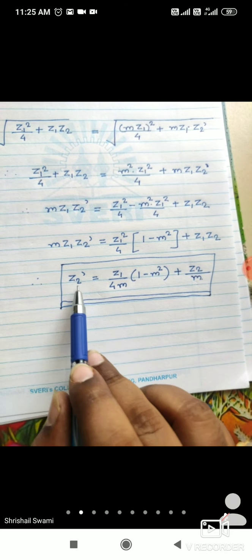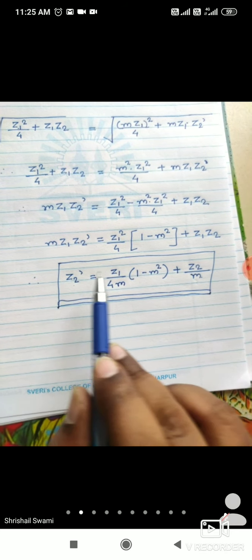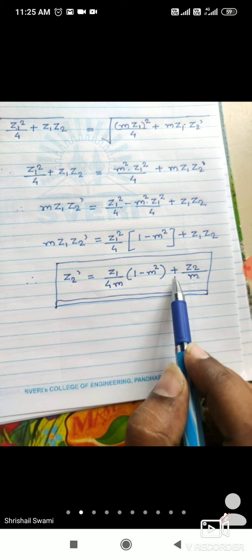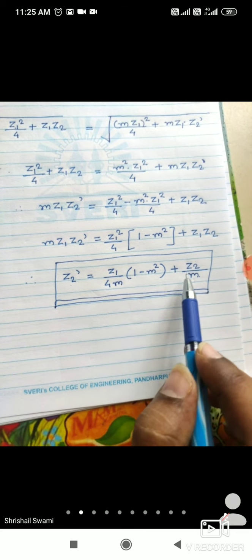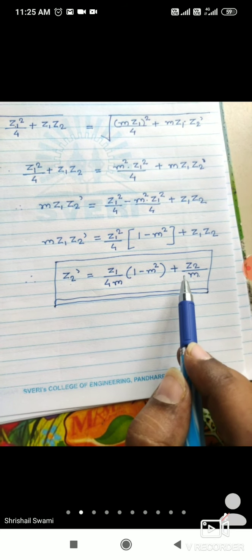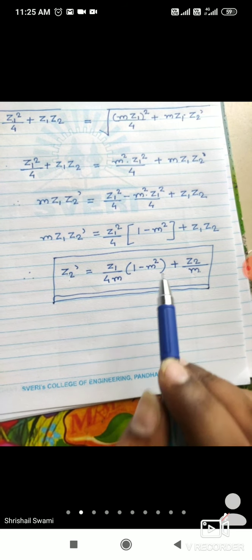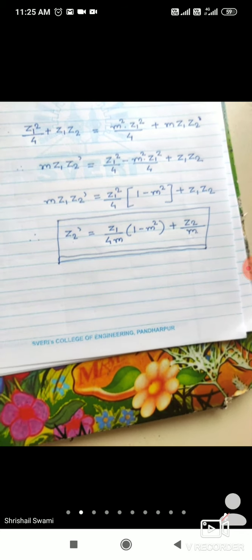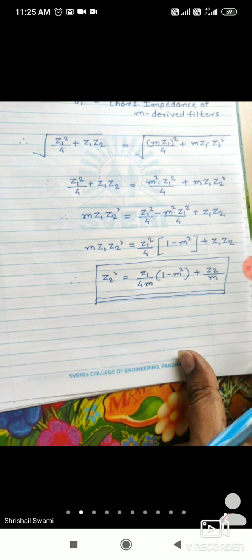So Z2 is replaced by Z2 dash. Then what is Z2 dash, these. So plus means what, two impedances are added. What is the meaning? Two impedances are added means two impedances are connected in series. Okay, so that modification I will tell.